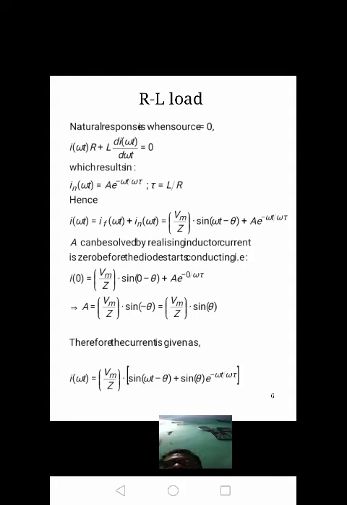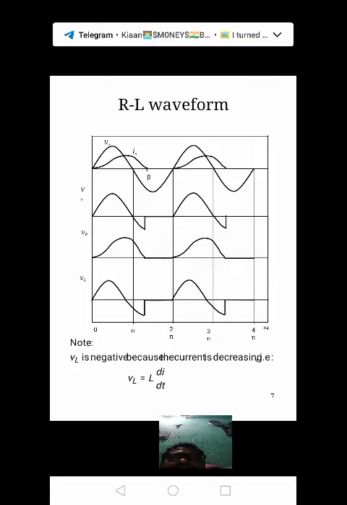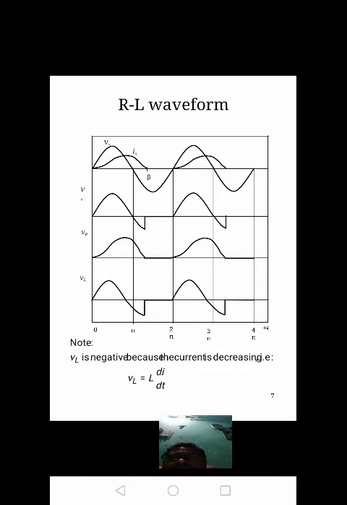A is equal to minus Vm by Z into sin of minus theta, that is equal to Vm by Z into sin theta. Therefore, the current is given as i of omega t is equal to Vm by Z into sin of omega t minus theta plus sin theta into e power minus omega t by omega tau. The waveforms: here we are observing the RL load condition.